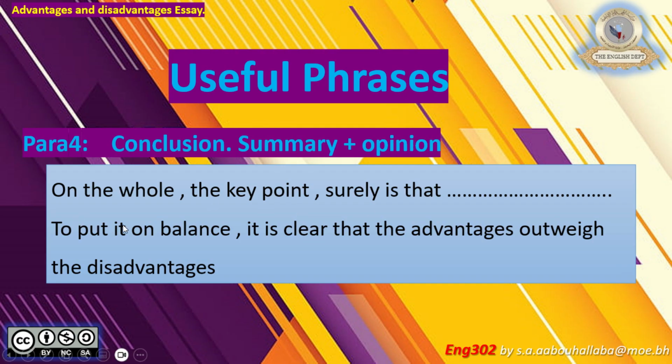Or to put it on balance, to look at the matter in a balanced way, it is clear that the advantages outweigh the disadvantages. This is your opinion in the end. So you see that the advantages are more than the disadvantages. So you are for that topic.